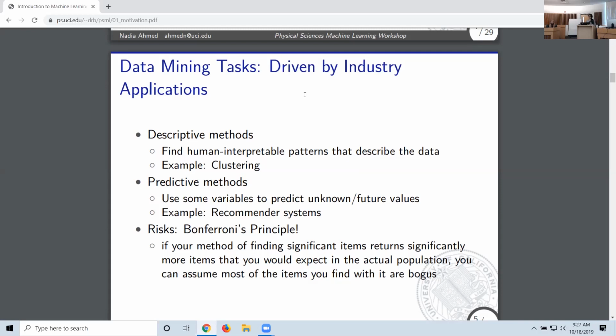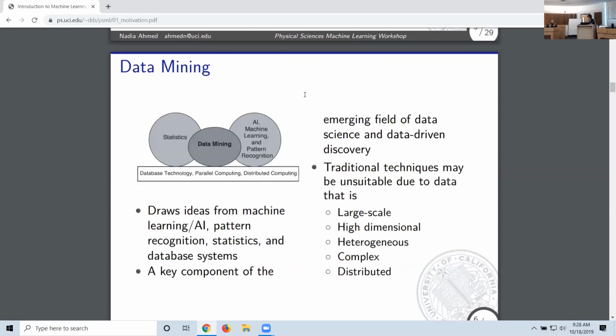Essentially, Bonferroni's principle is that if you really want to find something, you can make a fact out of anything, just by looking for it and finding the right data set that will support it. However, that might not be in your best interest and might give you things that are completely off.